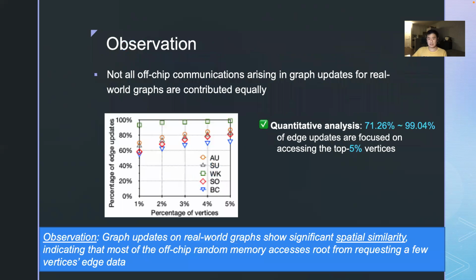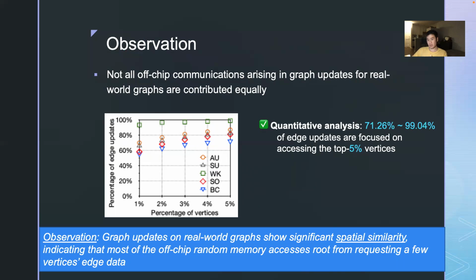They observed that dynamic graph updates operating upon real-world graphs show significant spatial similarity for off-chip edge data access, in the sense that most random off-chip memory requests come from accessing the edges associated with a few valuable vertices. Consider a realistic dynamic graph.